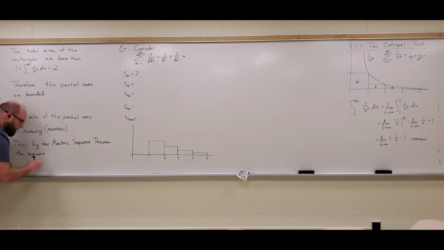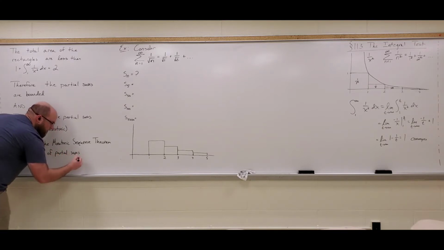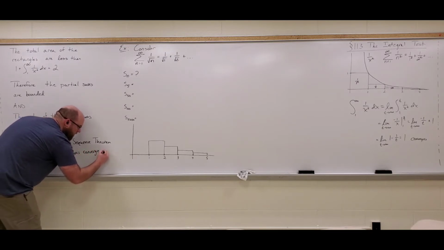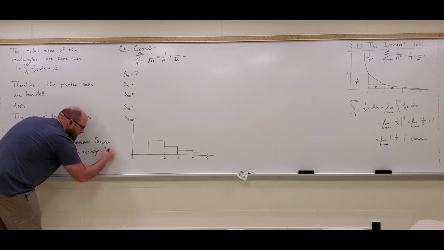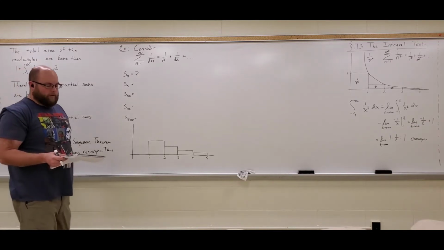So again, the sequence of partial sums converges. Thus, and I know we got thus in there twice, but that's okay. Thus, the series converges. Okay? So that's a good thing. That's exactly what we wanted to show.